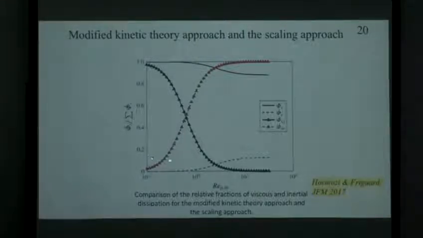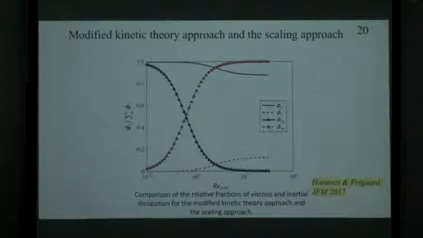The red curve shows the inertial contribution, and the black curve shows the viscous contribution. You see that as we increase the particle Reynolds number, immediately after passing a particle Reynolds number around 1, the whole dissipation comes from contact, collision, and friction.